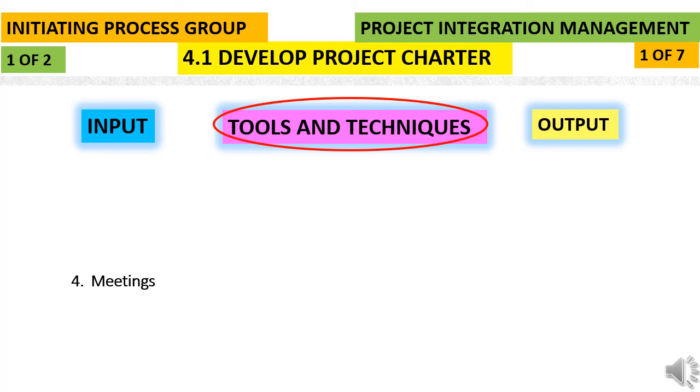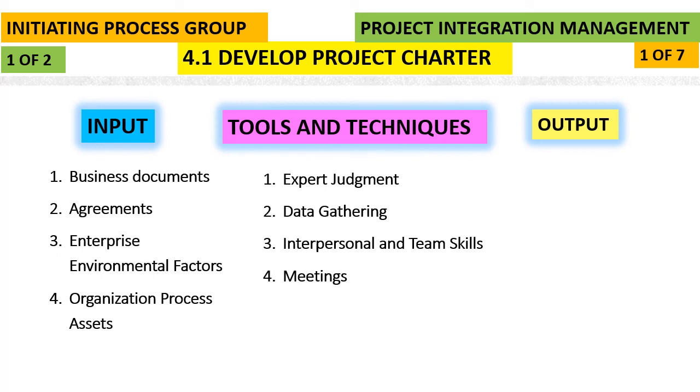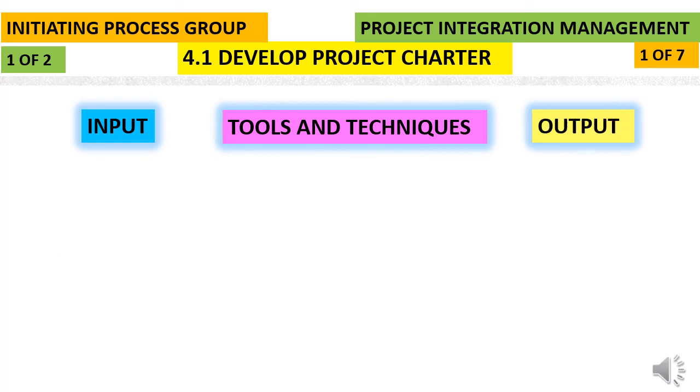So these are the tools and techniques which we have to leverage or deploy to complete the activity of developing the project charter. Once we have done all this, we have a set of inputs, we have deployed tools and techniques, and we start working on preparing the project charter.